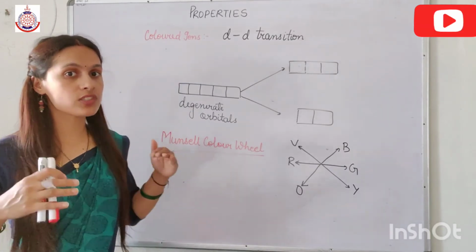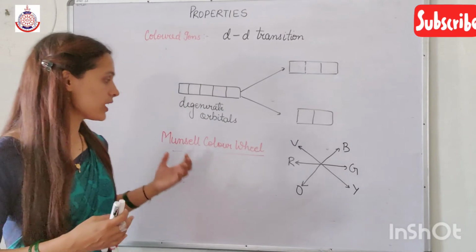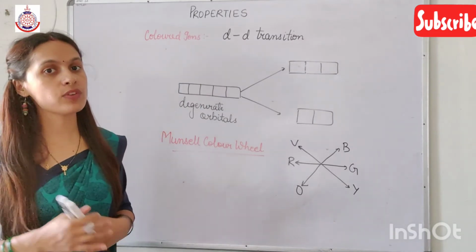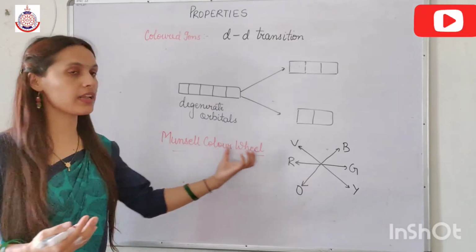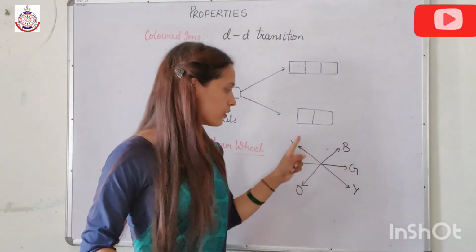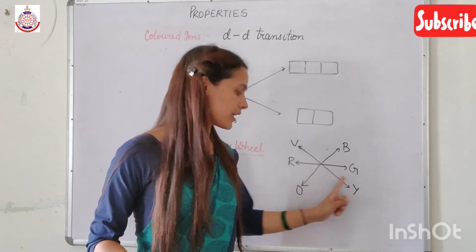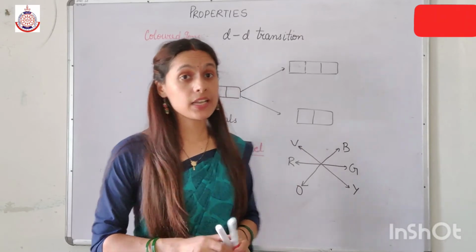And the color which is emitted and the color which is absorbed are known as complementary colors, and we get the idea of complementary colors by the Munsell color wheel, and Munsell color wheel is very busy. That is violet, yellow, red, green, orange, blue. Clear?